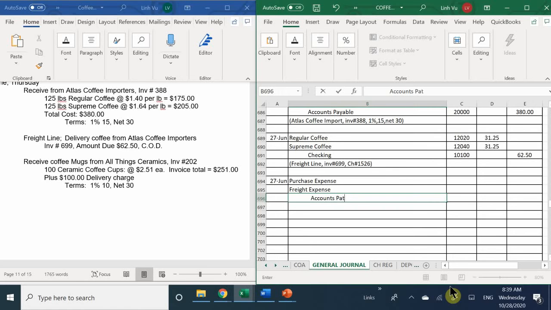Payable, okay? So what's my purchase expense account number? 61,000. Freight expense 6,300, and my accounts payable 20,000. All right. And in each account, how much am I going to be placing in here? 251.